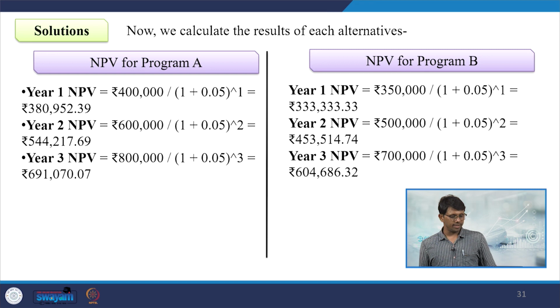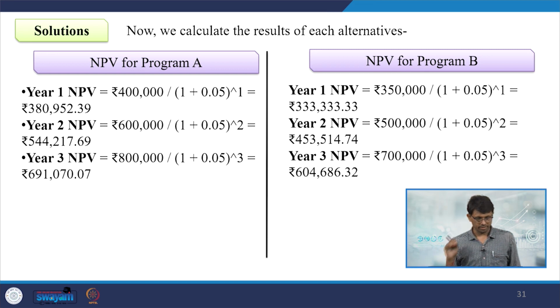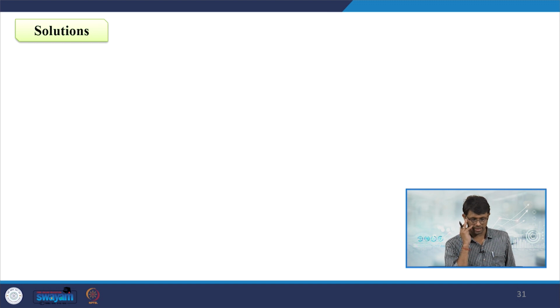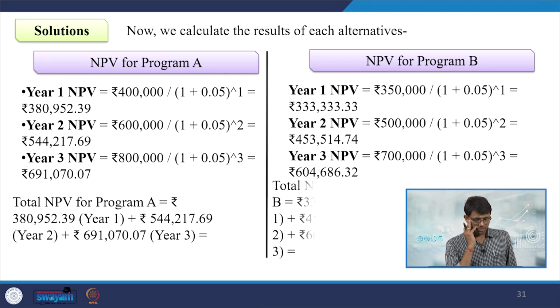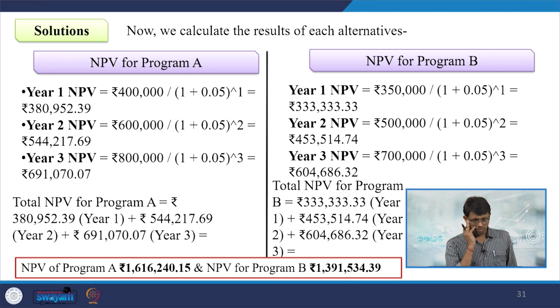Now we can calculate the net present value for program A and program B, that is mass testing and social distancing. You can see by the NPV formula, net present value with its future value divided by 1 plus R to the power of the respective year, we will find the net present value in the first case is as given here, and the second case is here.